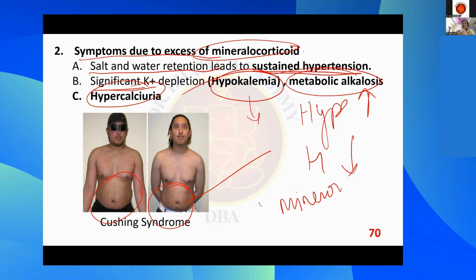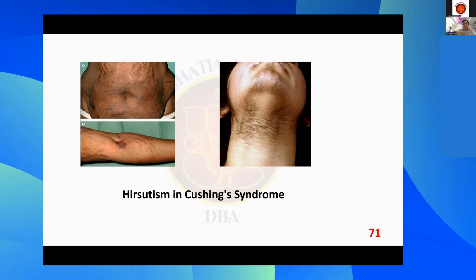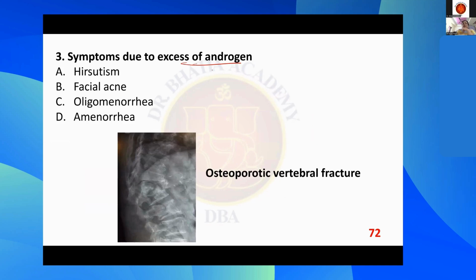So these are the purple stria. Then because of the increased androgens, there will be features of hirsutism. Excess androgen, that is DHEA and DHEAS, will cause hirsutism, acne. There can be alteration in your cycles, oligomenorrhea and amenorrhea.